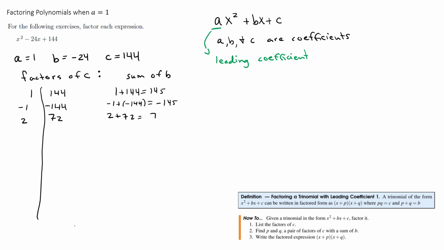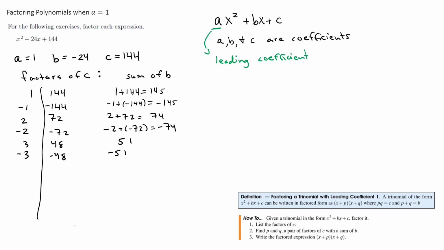The next one is 3, so we've got 3 and 48. 3 plus 48 gives us 51. Negative 3 and negative 48 give us negative 51. The next one here is 4, so we've got 4 and 36. 4 plus 36 gives us 40. Negative 4 and negative 36 give us negative 40.